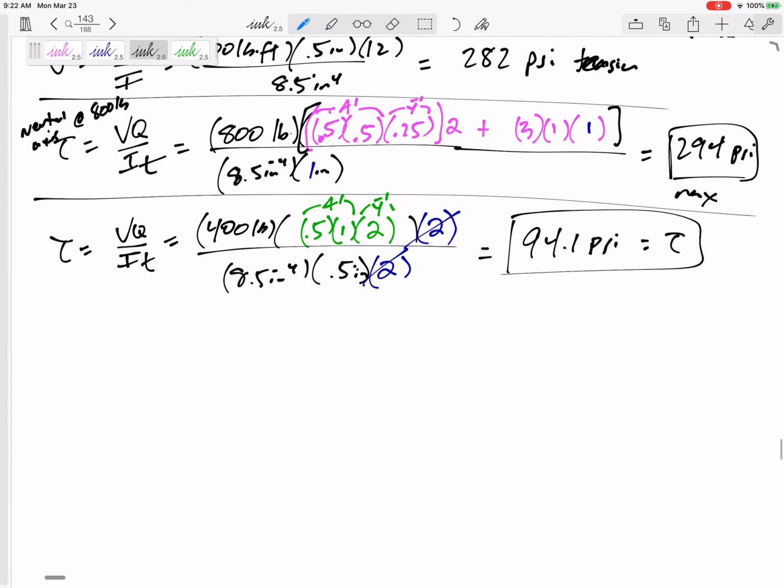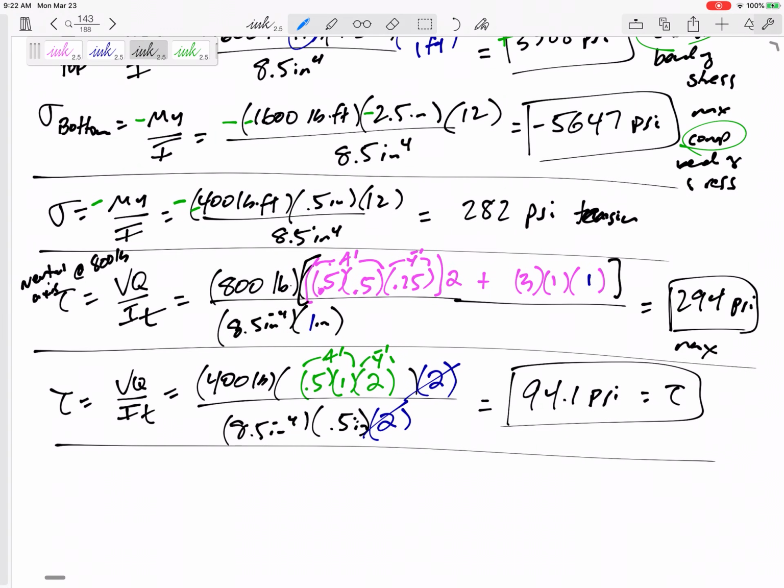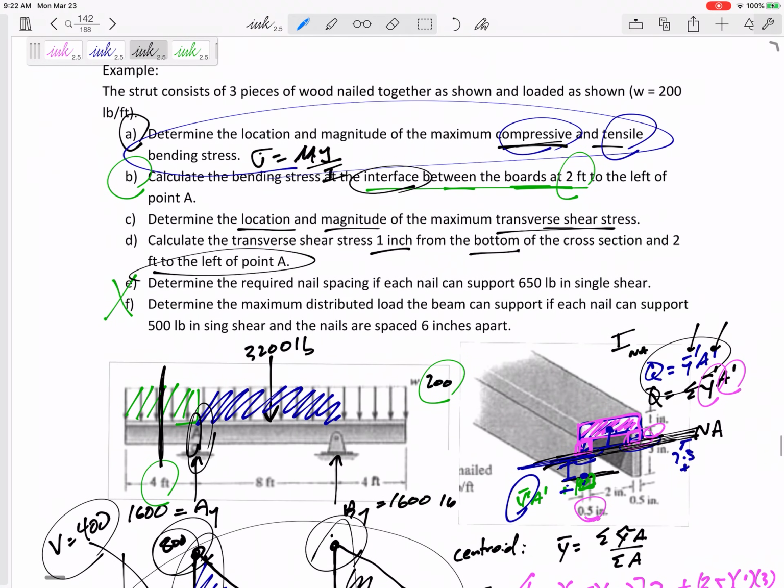Okay, let's real briefly talk about, maybe we can fit this. I don't know if I can fit this on this page. We'll see. E and F. All right. Determine the required nail spacing if each nail can support 650 pounds in single shear.